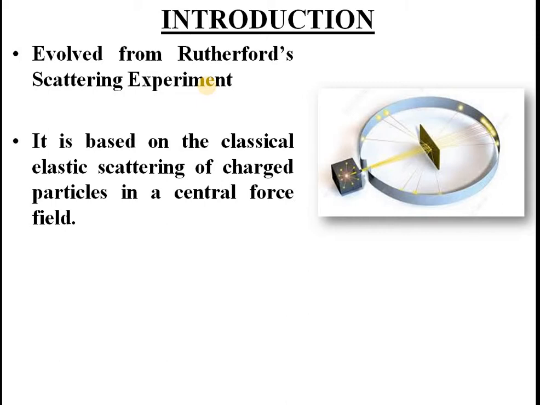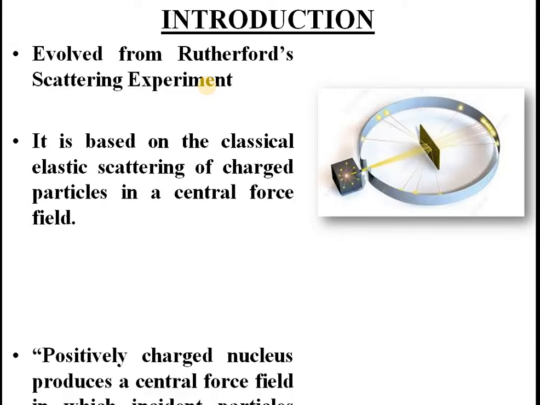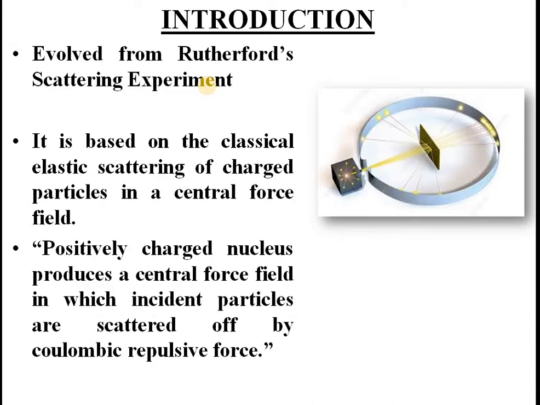It is based on the classical elastic scattering of a charged particle in a central force field. So here we have a nucleus, and there is a positive electrostatic field around the nucleus. That is the field. The incoming particle is usually a positively charged particle, so there will be some Coulombic repulsive interaction. Understand?